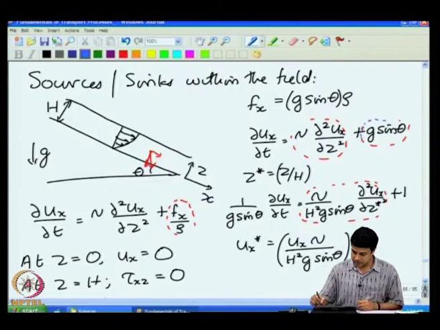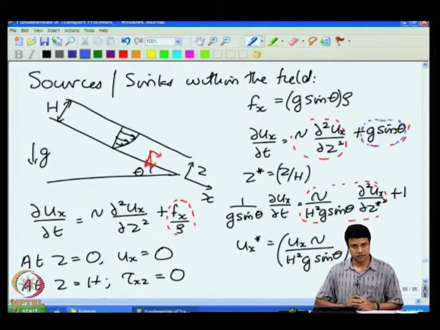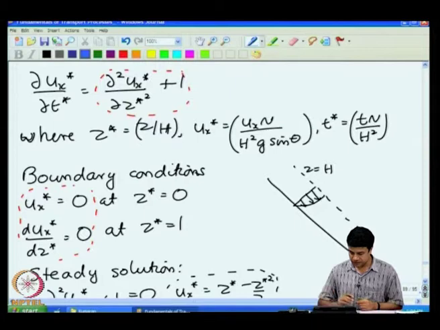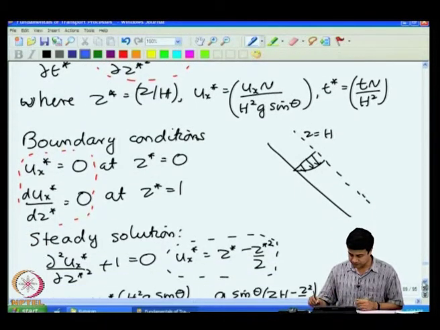This is an inhomogeneous term which is generating the fluid flow due to the force exerted on each volume element of fluid within the flow. So, this is like a source of momentum, and from that we had calculated what was the velocity field due to that. Okay. At steady state, we get the solution quite easily.